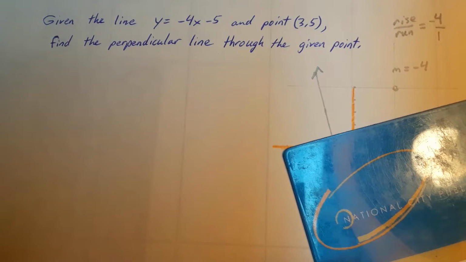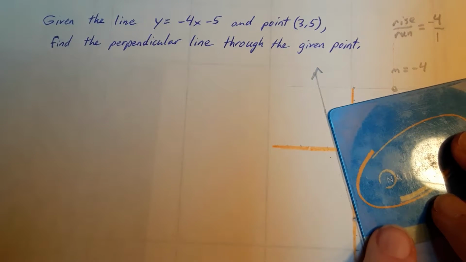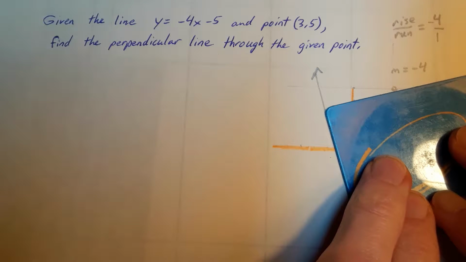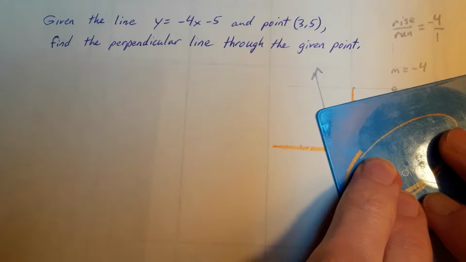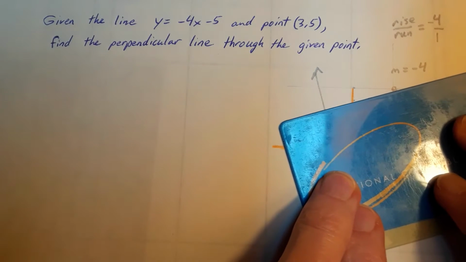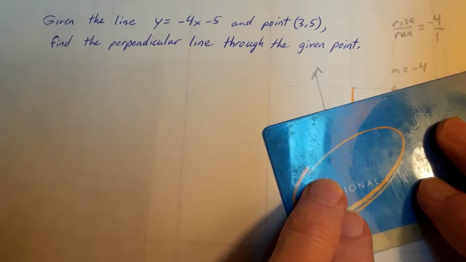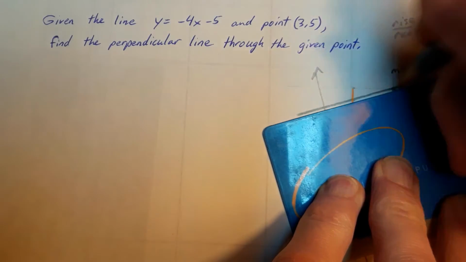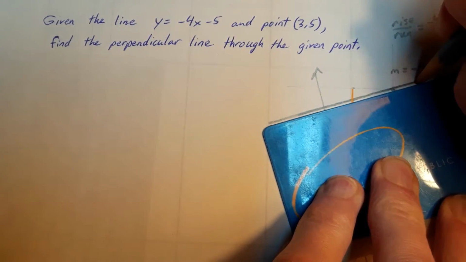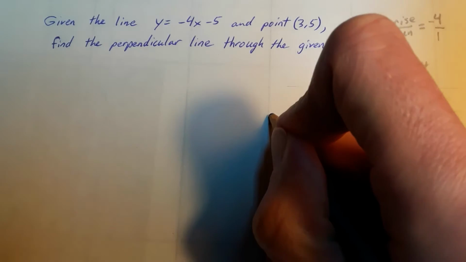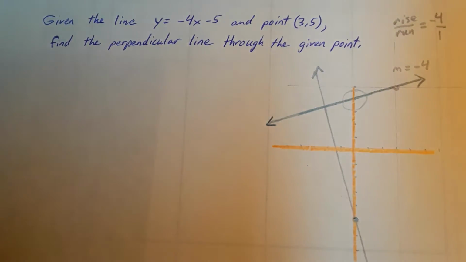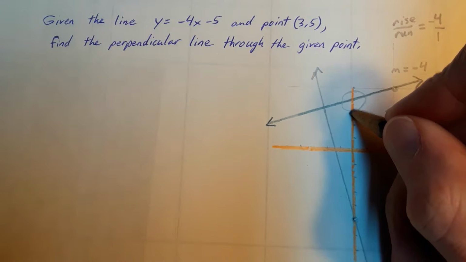To just kind of sketch in the line that we're looking for, I'm going to use my library card here as a straight edge. And so we have approximately this line here that we are looking for. So I have a y-intercept right here for my new line. 1, 2, 3, 4.